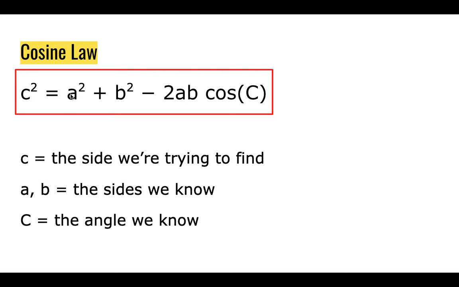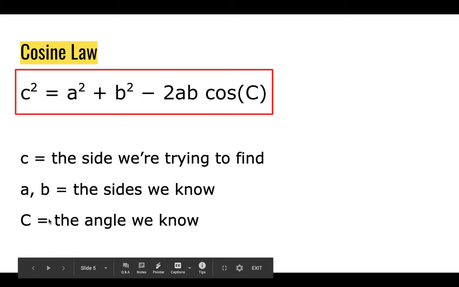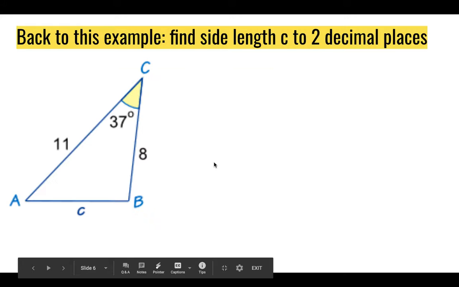All you have to do is figure out what sides you have and what angle you have so you can find the third side. So in this case, c is going to be our unknown side. That's the side we're trying to find. a and b are the sides we already know, and big C is the angle we know. So let's do an example with this.